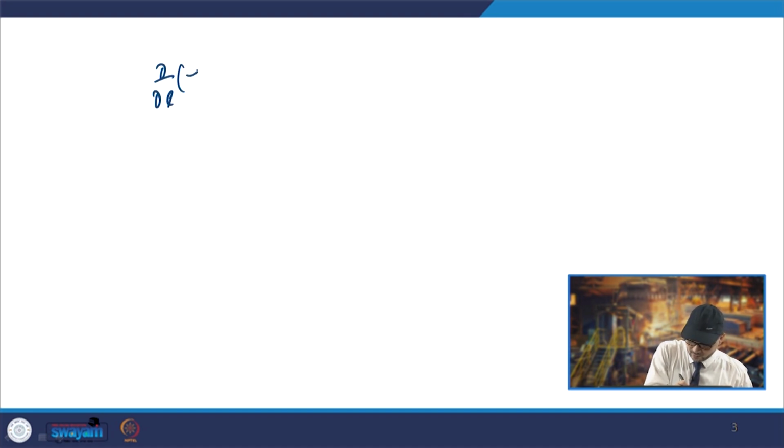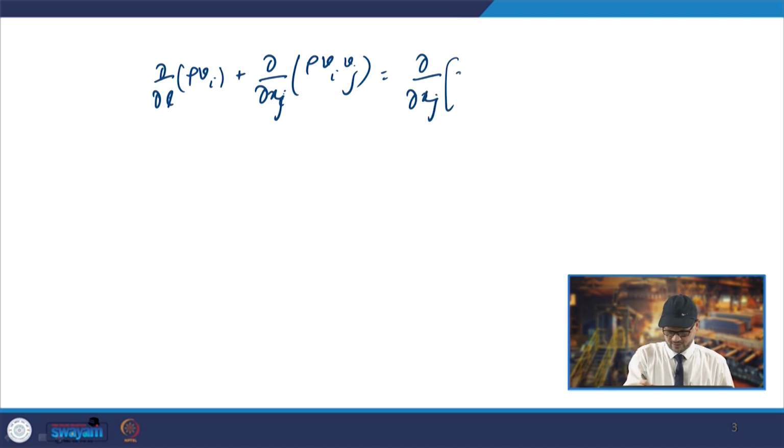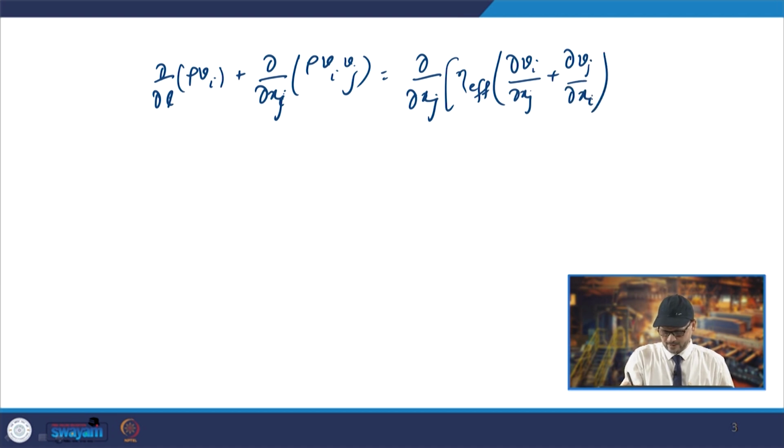So, if you go to this Navier-Stokes equation, that can be further written as dou by dou t of rho V i plus dou by dou x j of rho V i V j, and that will be equal to dou by dou x j of eta effective, and then you will have dou V i by dou x j plus dou V j upon dou x i, and then you have the pressure term dou P by dou x i, and then this rho minus rho reference term has come.